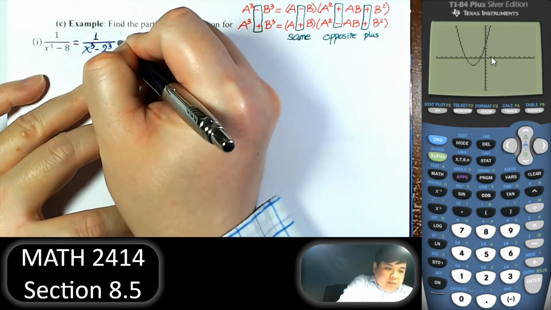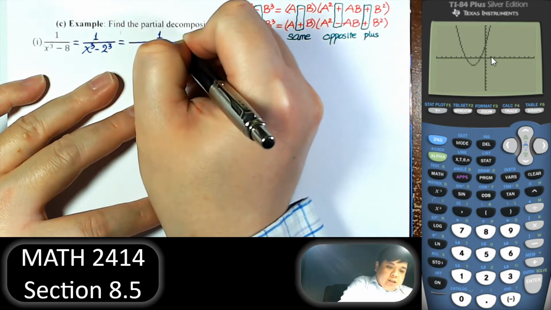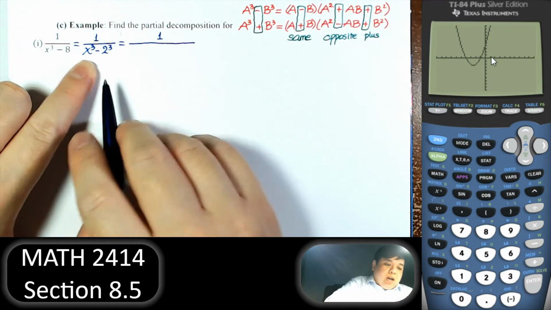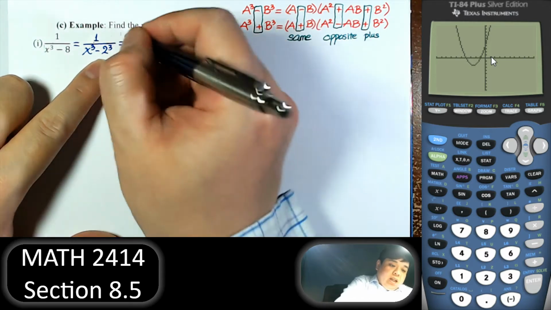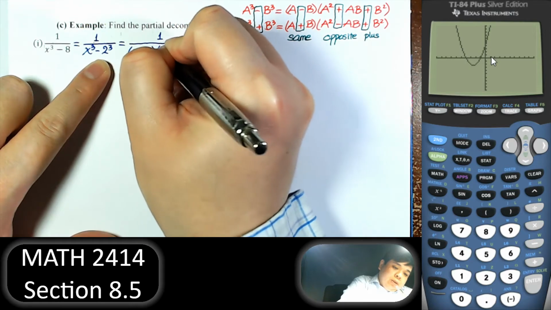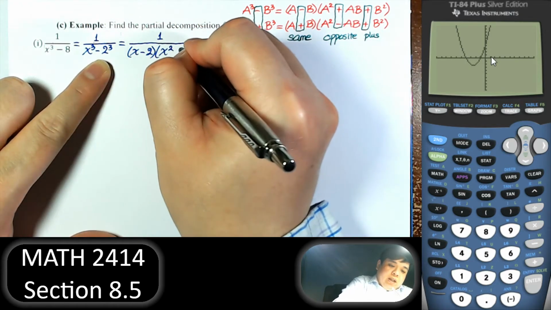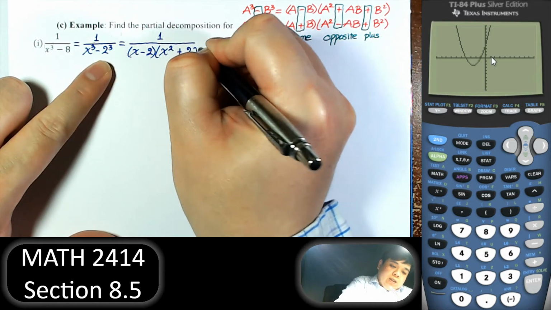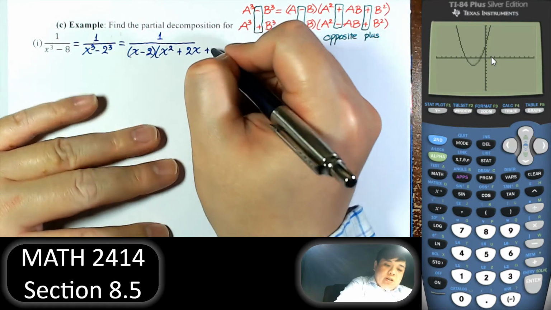So if it can be factored, we can write 1 over x cubed minus 2 cubed. X is a, 2 is b, so this is x minus 2 times x squared, a squared, plus ab, 2 times x, plus b squared, 2 squared, or 4.